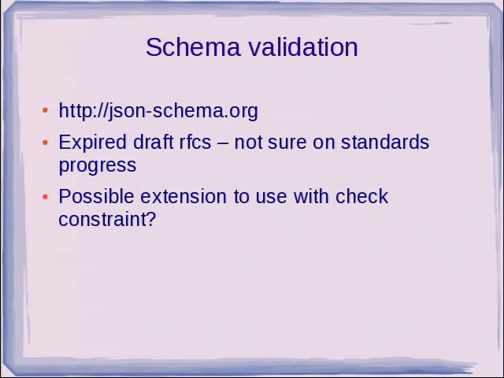Essentially, it's a way of saying the JSON needs to have this shape, and you can say it must have these elements, or must have so many of these, and so on. It might be worth having an extension which implements that validation, and then you could use the validation function as a check constraint.